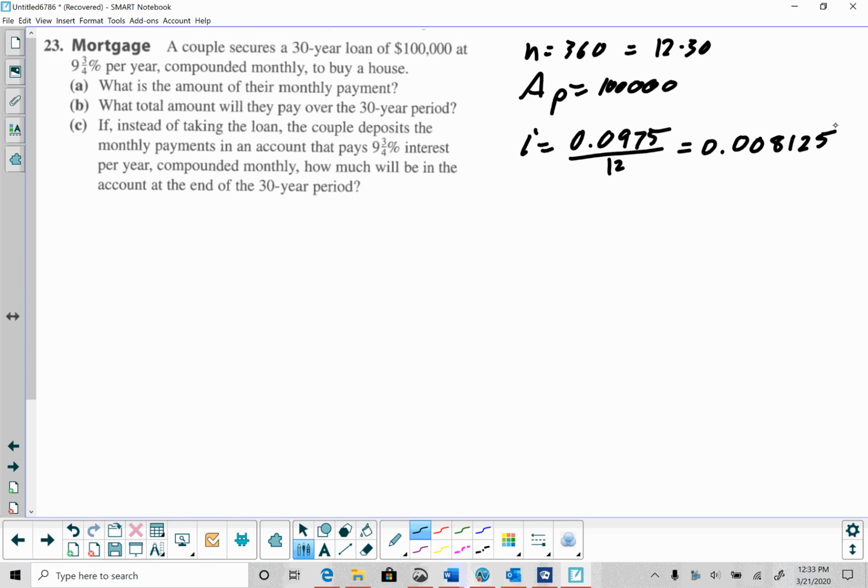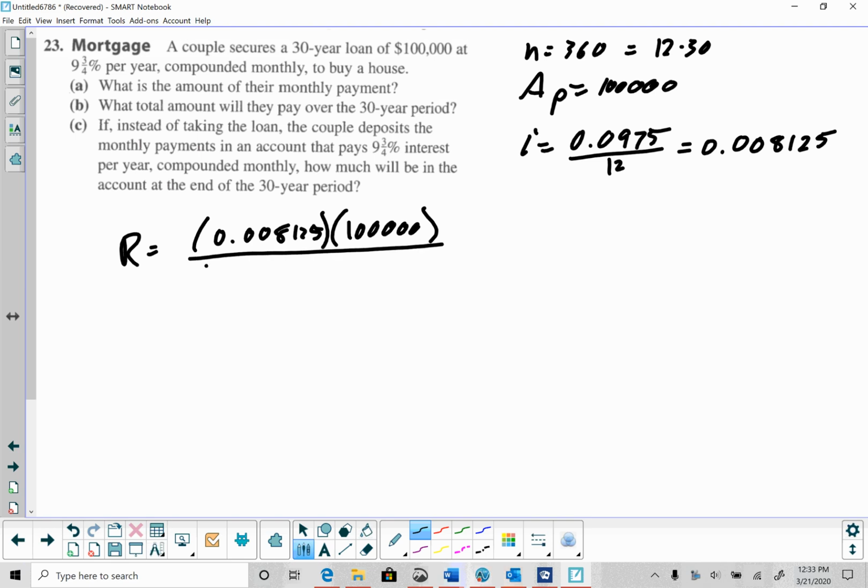Okay. So if we're looking for the amount of their monthly payment, then that's again the R, the regular payments here, are going to be the rather long interest. Be accurate. Don't round that off. Please don't get lazy.